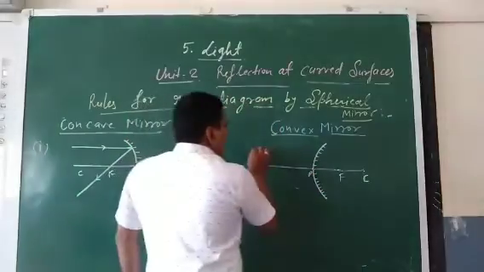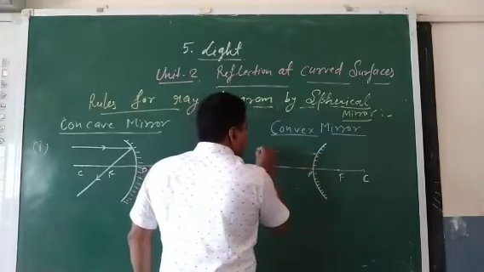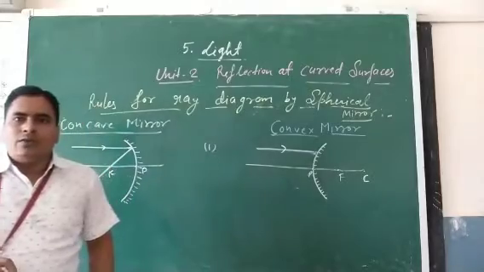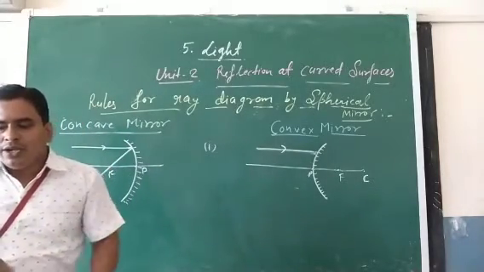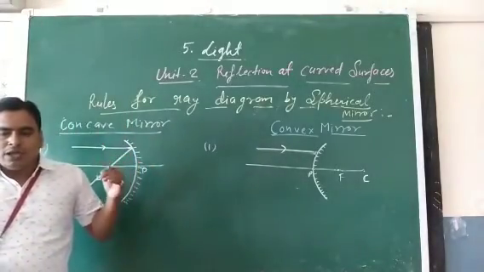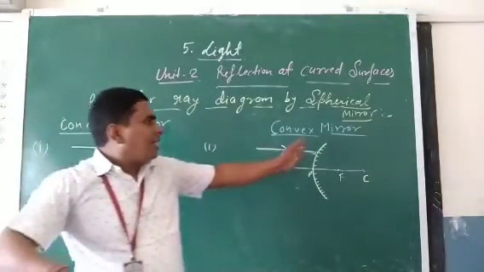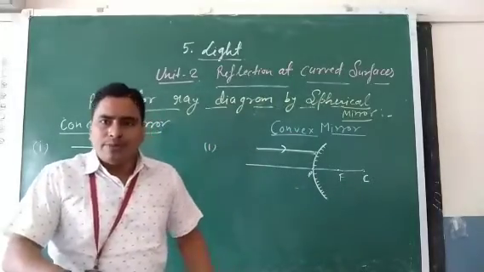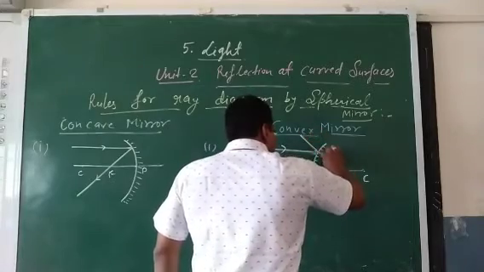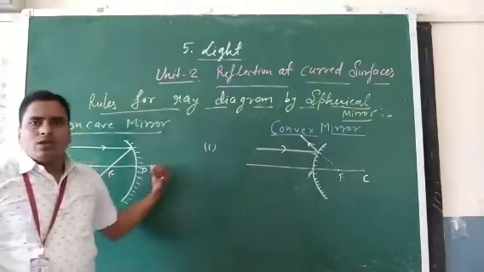If a ray is coming parallel to the principal axis, after reflection it will appear to pass through the principal focus. Not actually; it will appear as if it passes through the principal focus. Okay students, clear? In case of convex and concave.